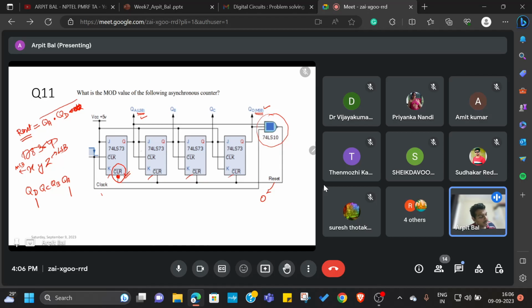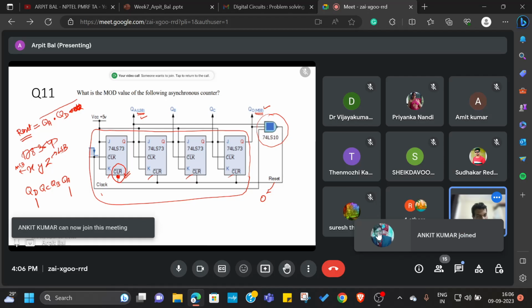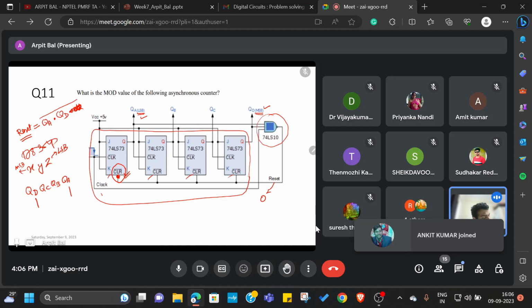Can you see this entire structure as an up counter? Forget the reset for the time being. Is anyone able to see that it's an up counter? And why is it an up counter?